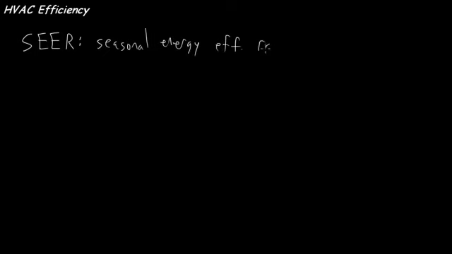Okay, related to EER, we have a unit called SEER. This is the Seasonal Energy Efficiency Ratio. The important thing to remember about SEER is that it's typically used only for cooling.